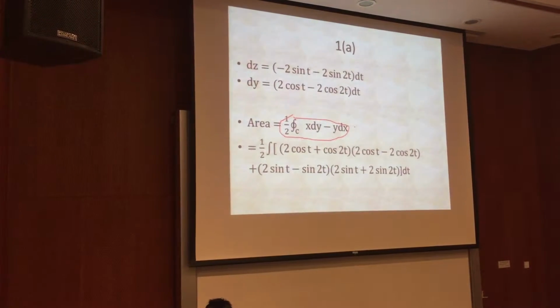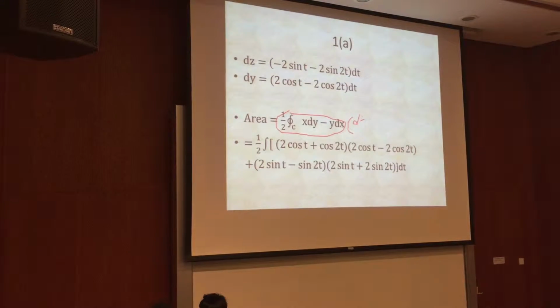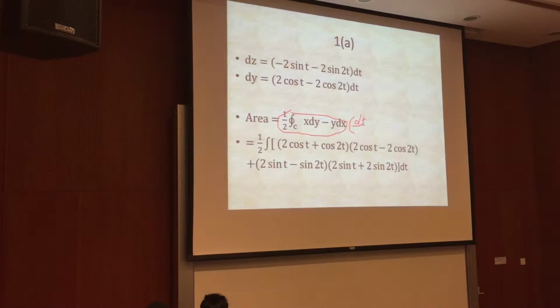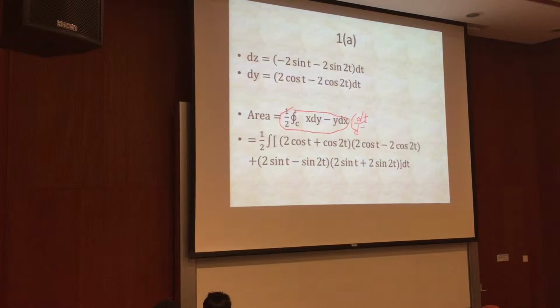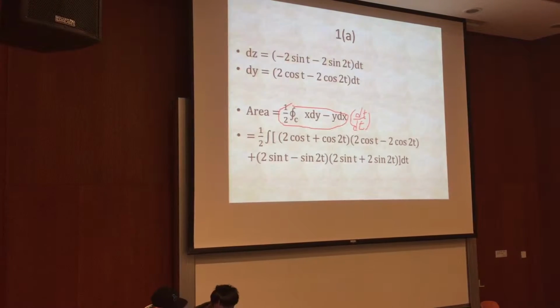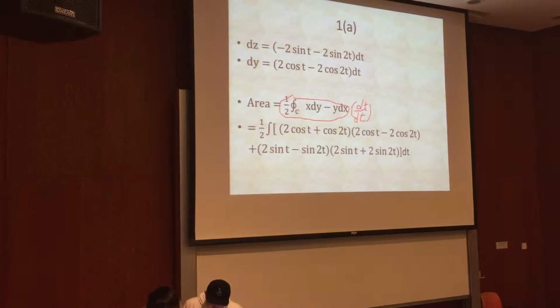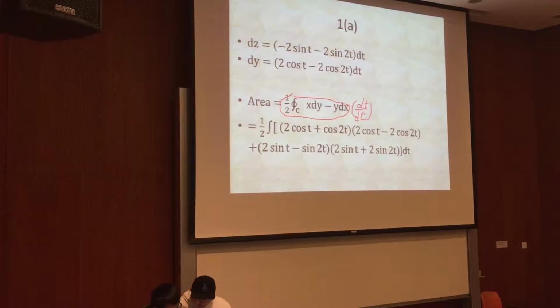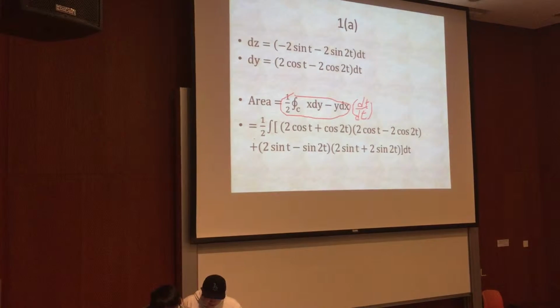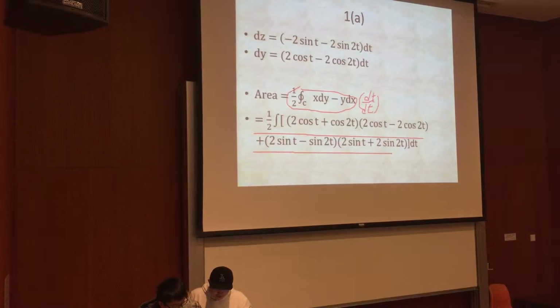And we just multiply it by dt over t, and we can get these two lines.